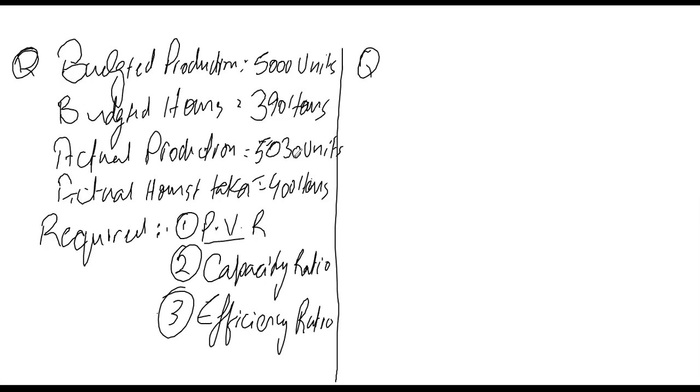Okay, so another question that I'm drafting right now. You guys can complete both of these questions. Let me know the answers, and then I'll be discussing the answers of these questions in my next video.